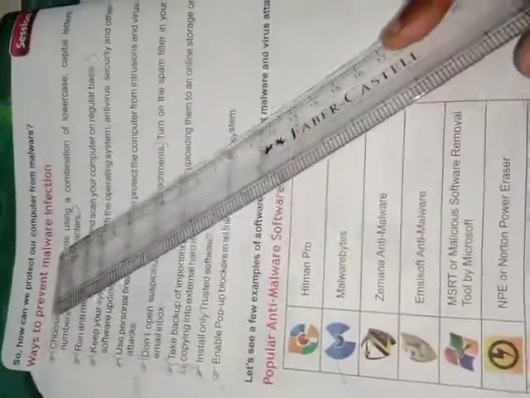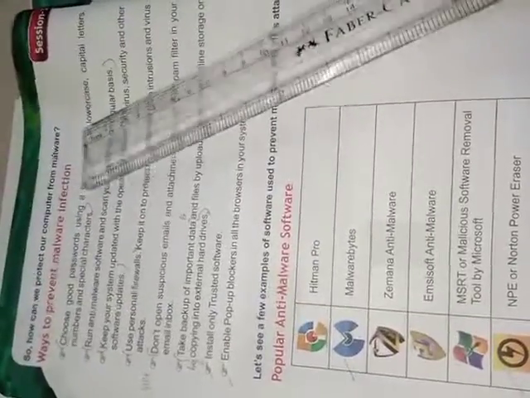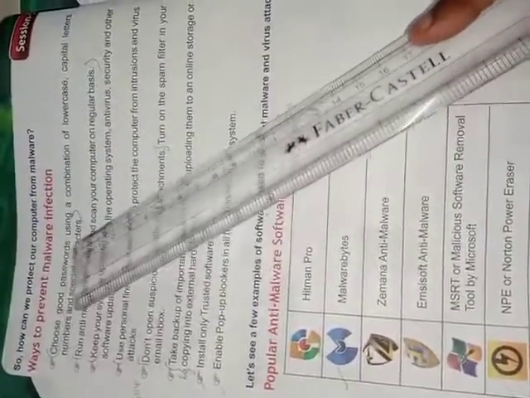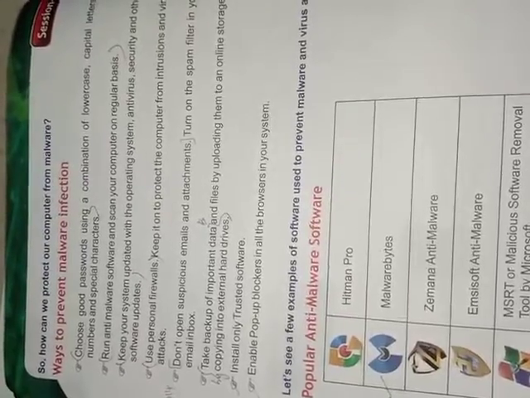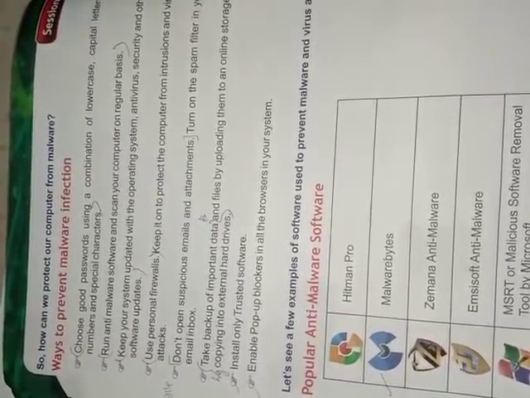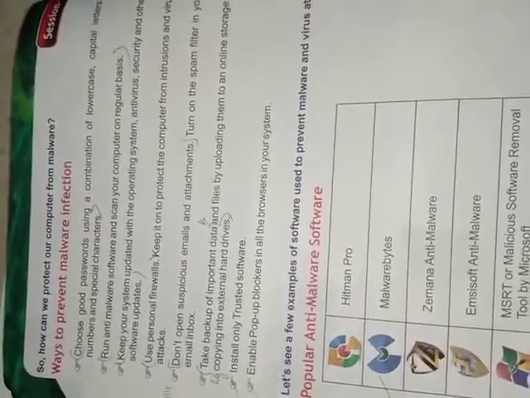So how can we protect a computer from this malware? Ways to protect against malware infection. Choose good passwords using a combination of lowercase and capital letters, numbers, and special characters. Choosing your password is very important, because in a rootkit attack they start trying the probabilities of your password.